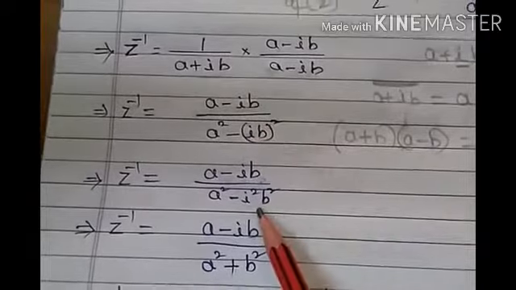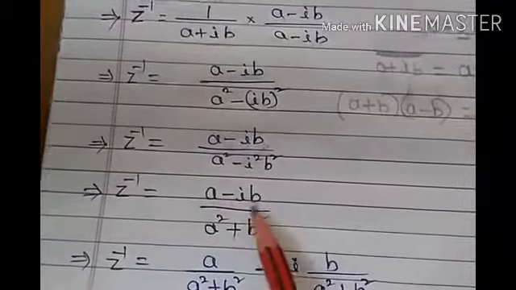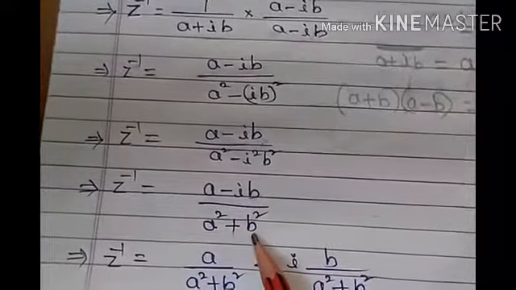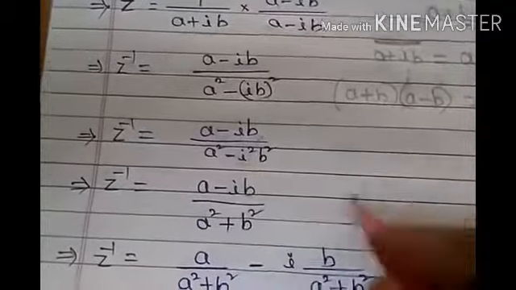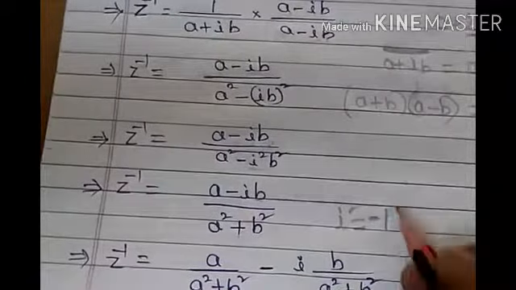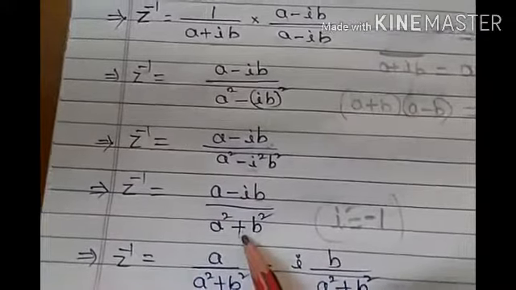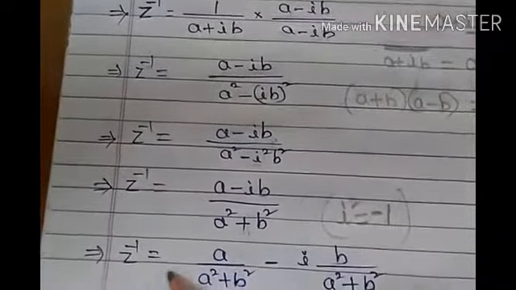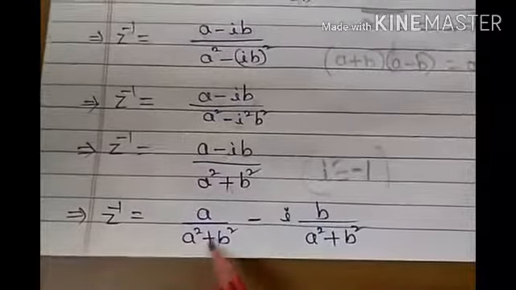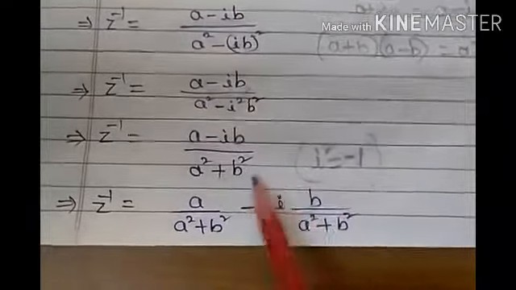Now, since the value of i square is minus 1, minus and minus 1 gives plus. That gives z inverse equal to a minus ib by a square plus b square, which is a by a square plus b square minus i into b by a square plus b square.